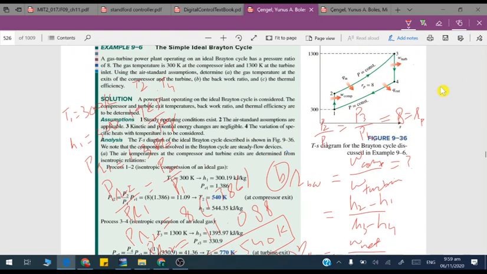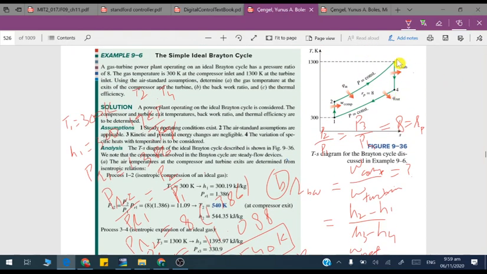Then we also have to determine the temperature T4. We know T3, so same story.